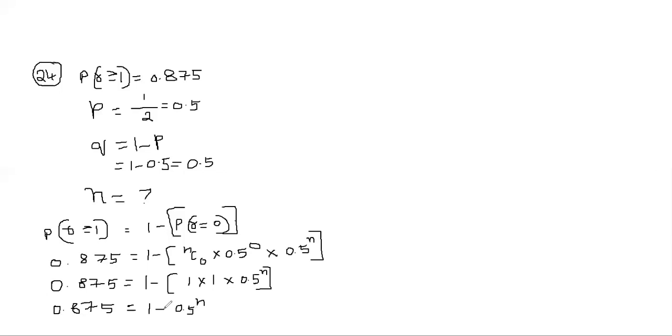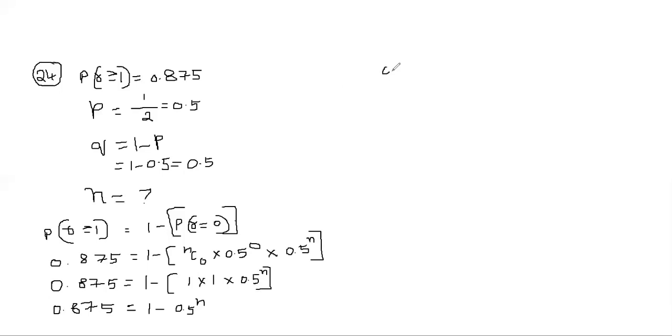So now what I will do is send 0.5 raised to the power of n to the left hand side, and 0.875 I will send to this side. So plus is going to become minus and minus is going to become plus. That is, minus 0.5 raised to n when I send it to the other side is going to become plus.